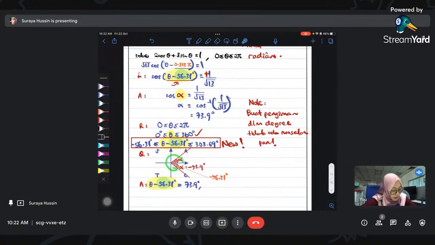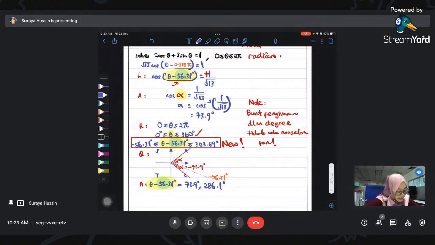So, 360 tolakkan dengan 73.9. Saya akan dapat 286.1. So, I write it down. 286.1.